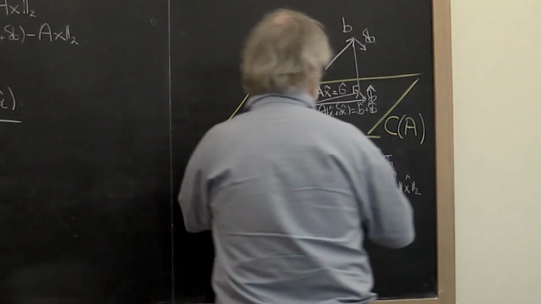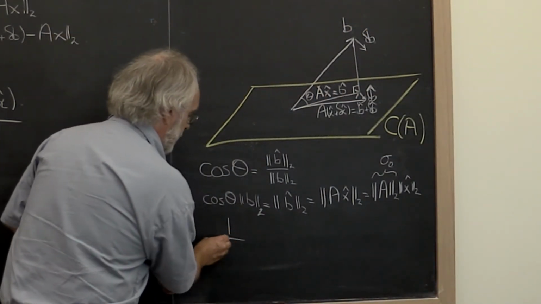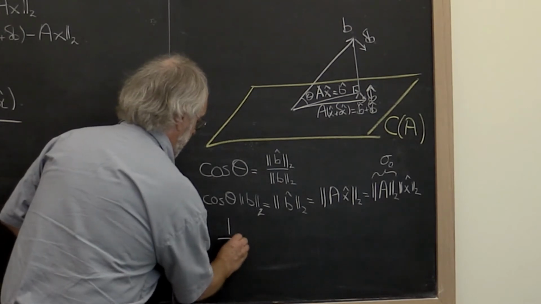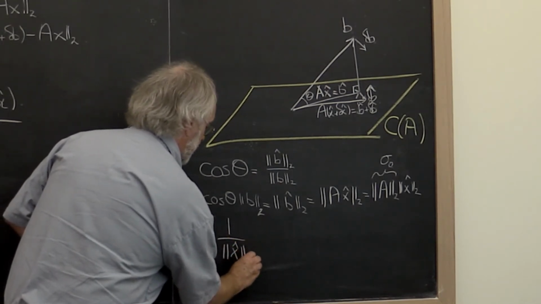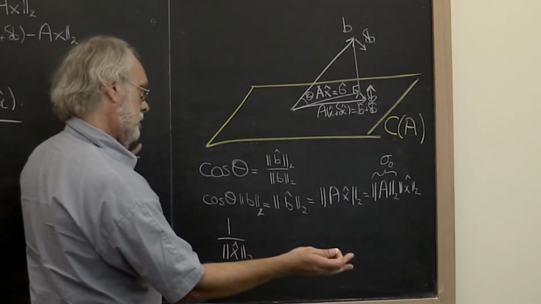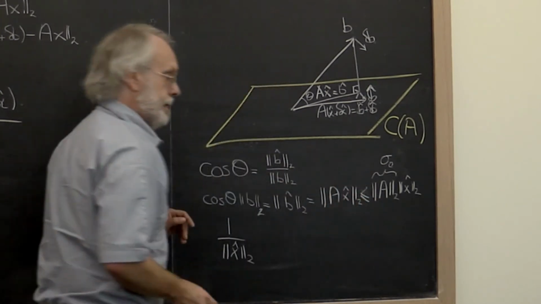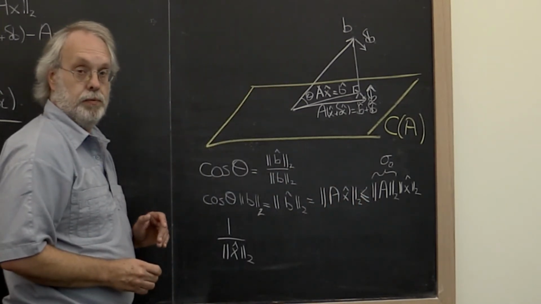And if we manipulate this a little bit, what we get is that 1 divided by the 2-norm of the solution vector x hat, whoops, this here should have been a less than or equal to, right? Not necessarily an equal to.